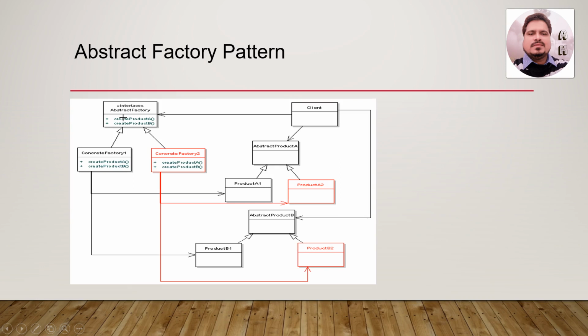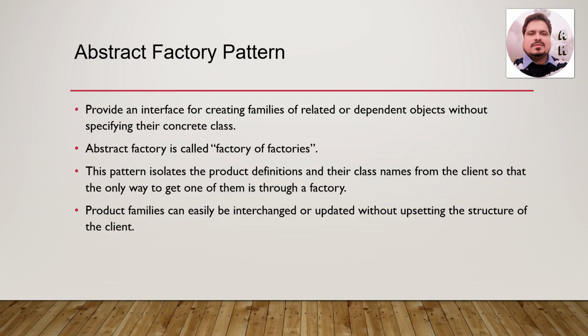If the client wants to use B2, it takes help from abstract product B. Similarly, if the client wants to use product A1, it takes help from abstract product A. So there is a single way for the client.